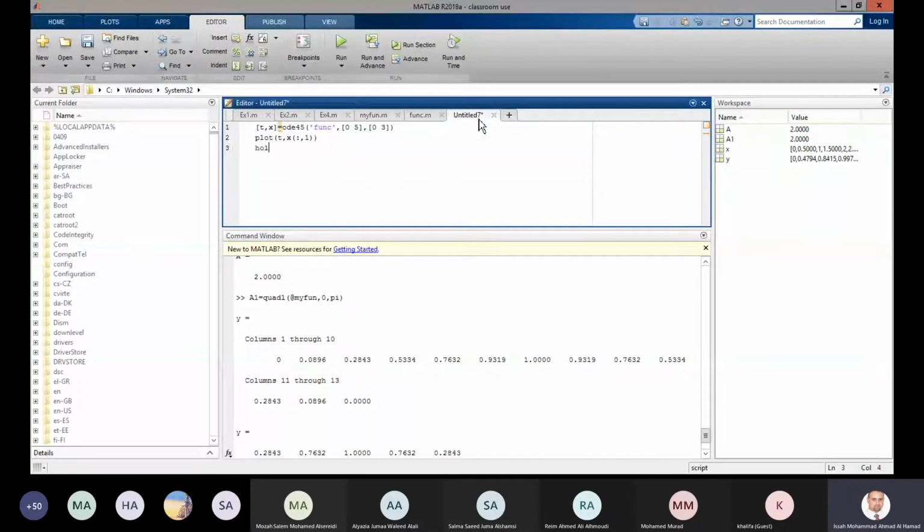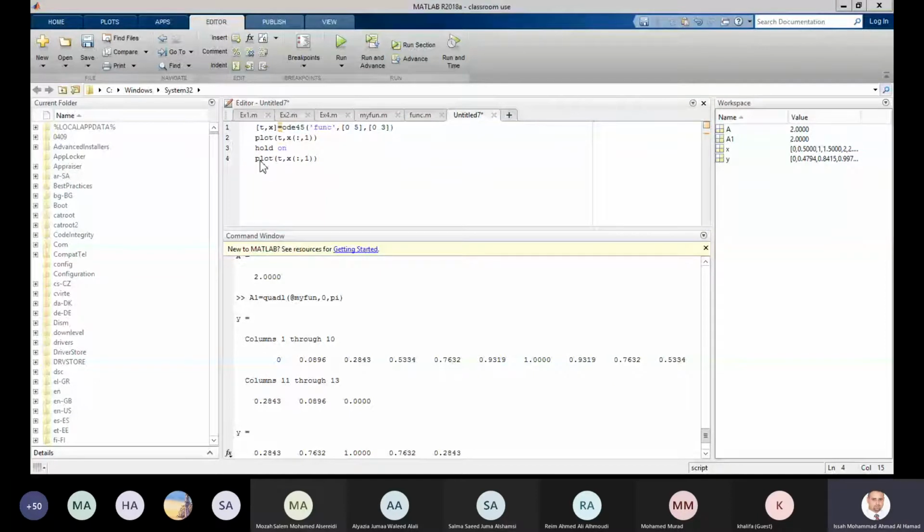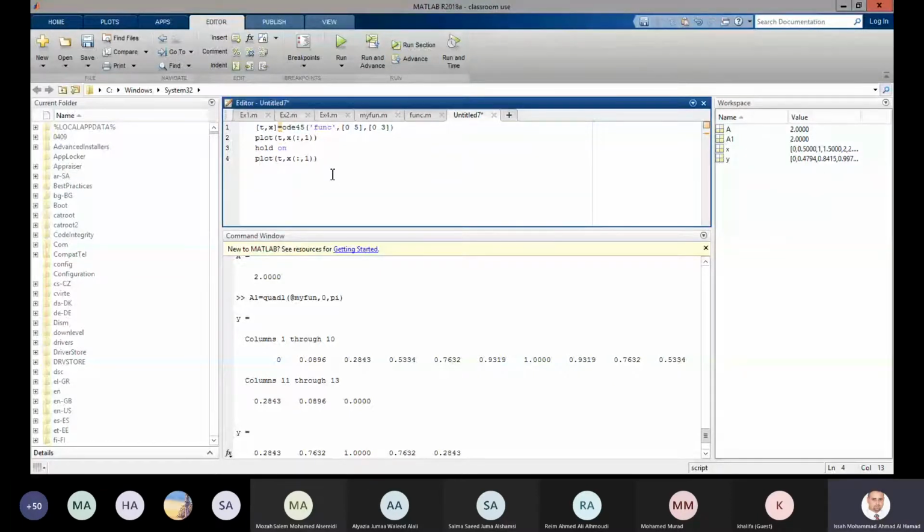Now I need to hold on and plot again x2. The first one was x1 and now this is x2. Now I need to, for example, add a y label, time, an x label, and I need to add a grid. You can add the figure number, you can add a legend, whatever you like.